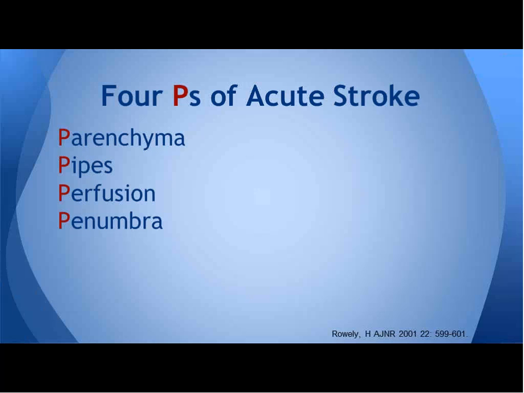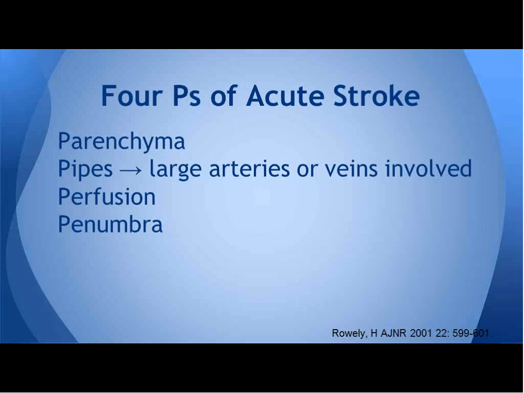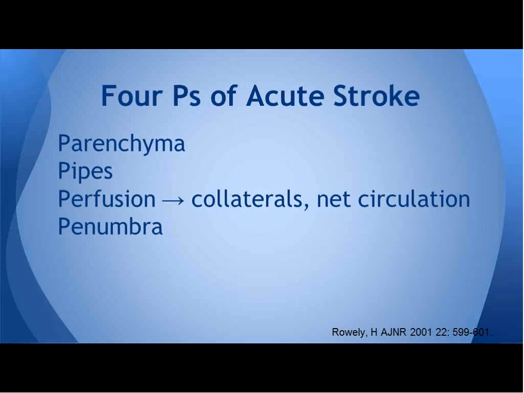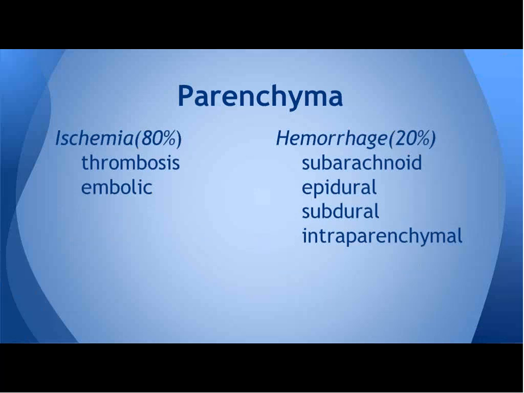And then penumbra, again, this is the tissue, the essentially normal tissue that's now ischemic as a result of the primary site of the injury. So ischemia versus hemorrhage, types, large arteries or veins involved, perfusion, collaterals, and net circulation to the brain, and then penumbra, the brain tissue that is ischemic but not infarcted, that's surrounding the primary injury.